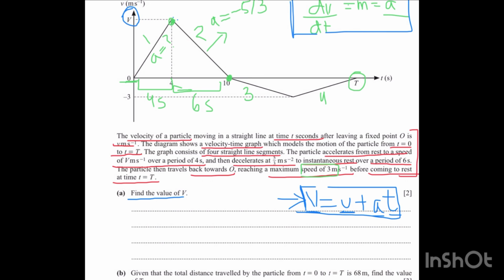So let's use this formula for segment 2 and write down the information. The final velocity, which is capital V, we will write as 0 since it comes to instantaneous rest over here. The acceleration is -5/3 as we have established before. Total time is 6 seconds, these 6 seconds, and the initial velocity is v, this v.